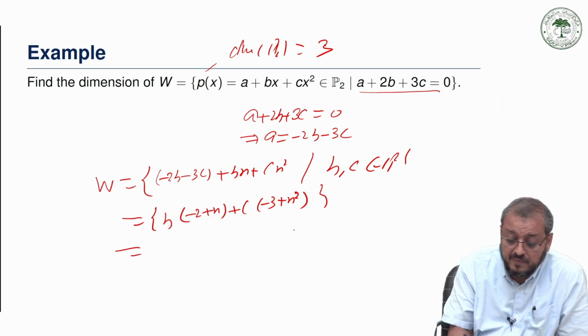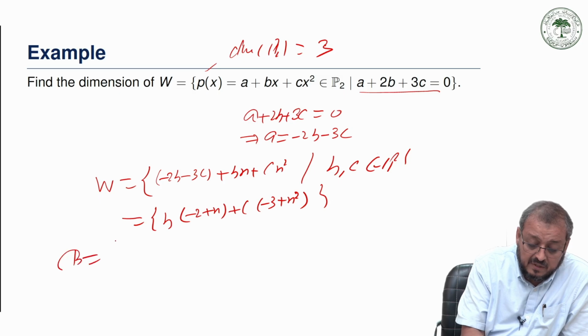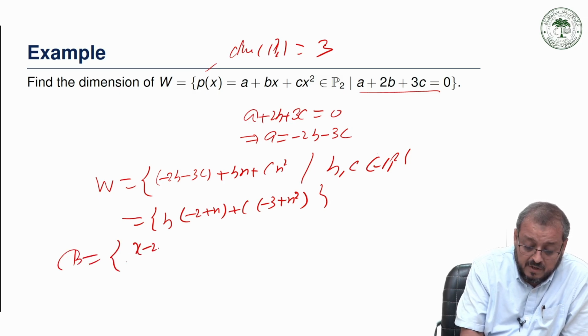Then we can say the set is equal to x minus 2 and x square minus 3.